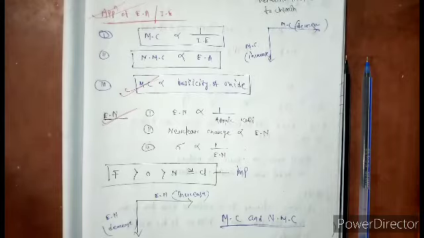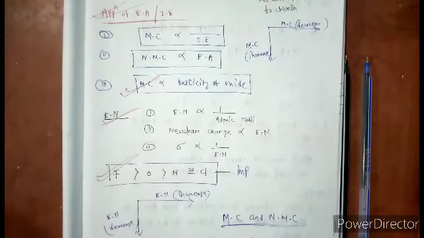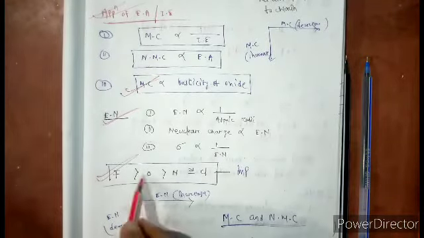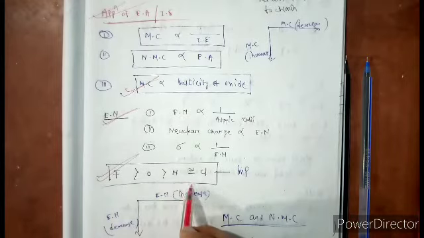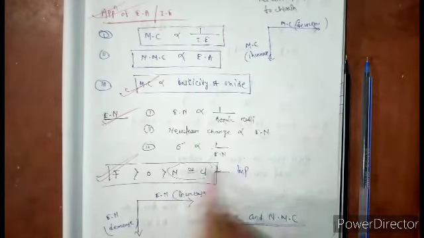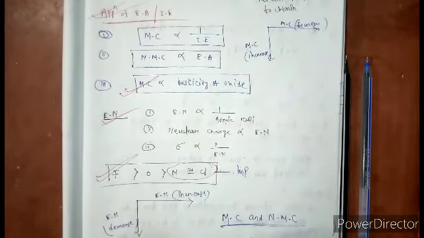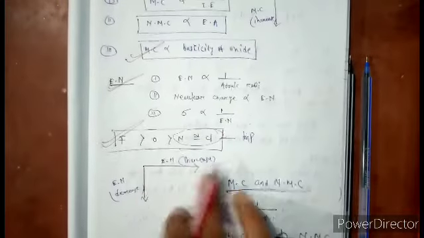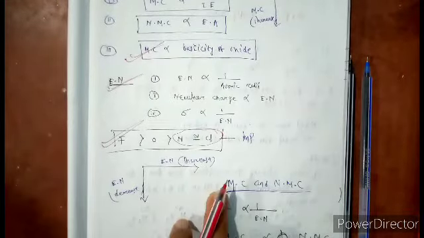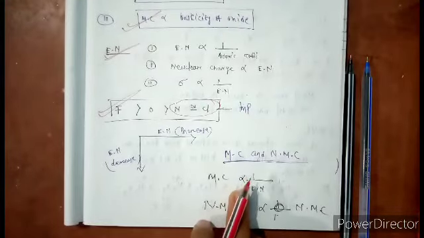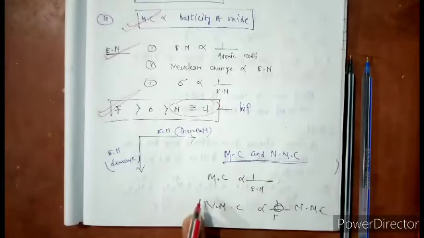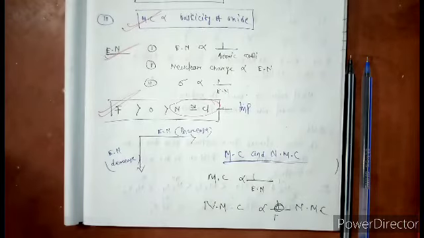In the whole periodic table, fluorine is more electronegative than all elements. Then oxygen, then nitrogen is nearly equal to chlorine. This is important. Electronegativity decreases down the group and increases along the period. Metallic character is inversely proportional to electronegativity. Non-metallic character is directly proportional to electronegativity.